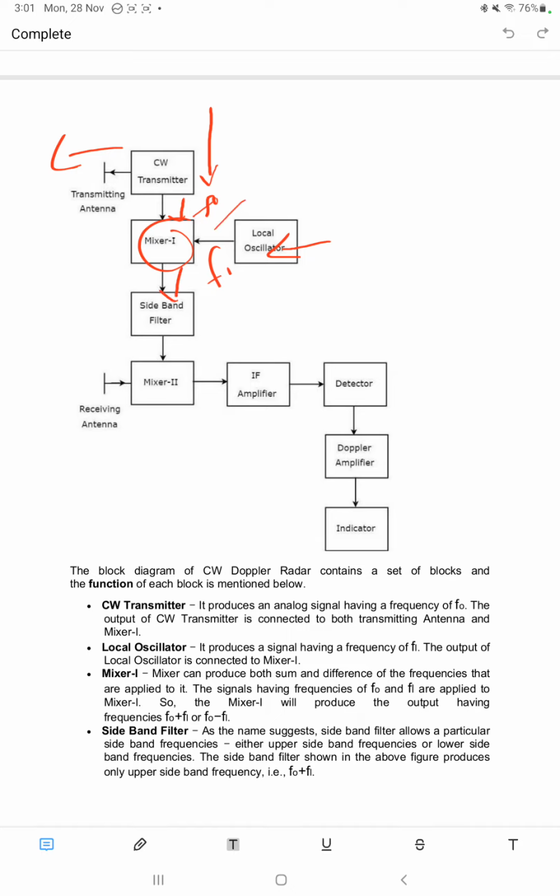It then goes to the sideband filter, which allows a particular sideband, and here the figure shows the upper sideband, f0 plus f1.